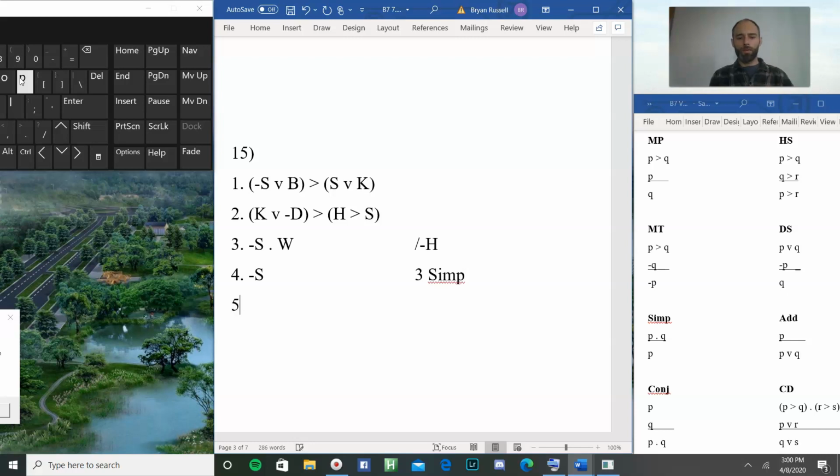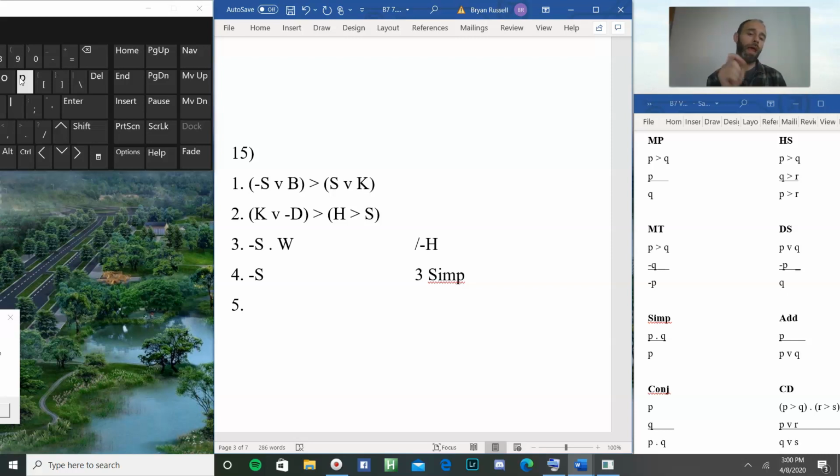And now that we simplify 3, and get tilde S, let's see where that leads us. So can we use a tilde S somewhere? Well, not directly, but look at line 1. In line 1, we have tilde S or B being the antecedent of that conditional statement. And we know that we can add anything we want after a wedge.